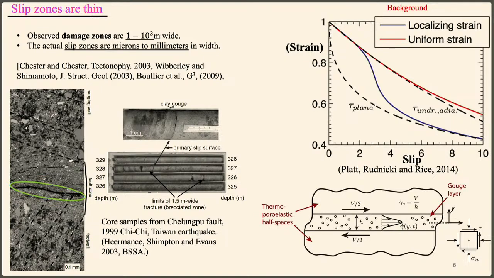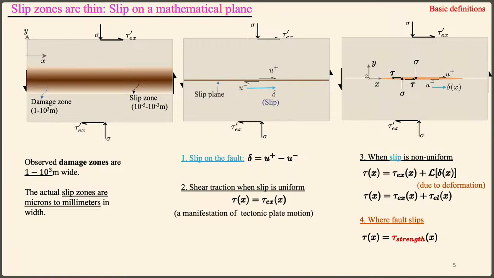It is also observed that there are damage zones, but the actual slip zones from core studies seem very thin. So not considering the damage zone is not a remarkable oversimplification. It has quite a bit in it.